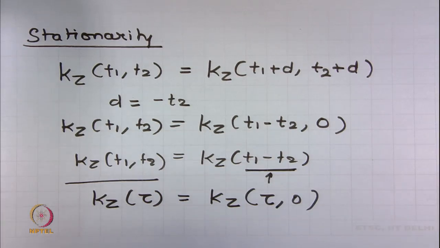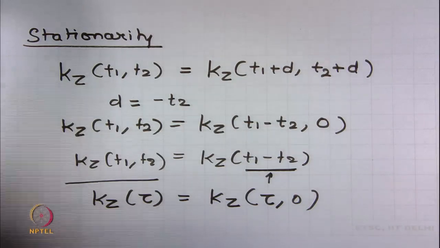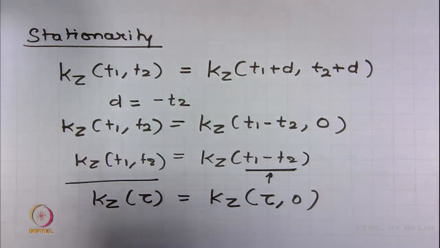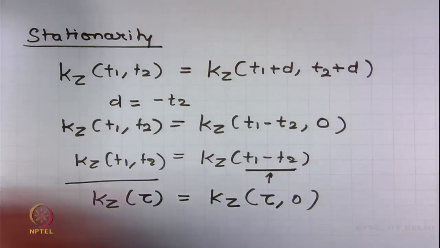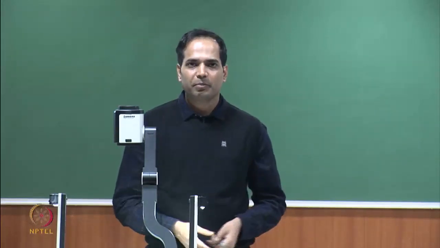So, this is what stationarity leads to. Stationarity converts a covariance function which normally has two arguments into a covariance function with a single argument, where the single argument denotes the difference between the time instances of the covariance function with two arguments.